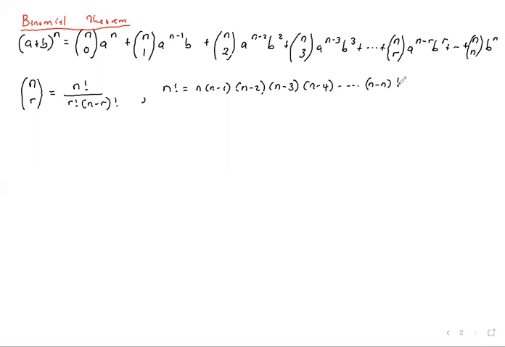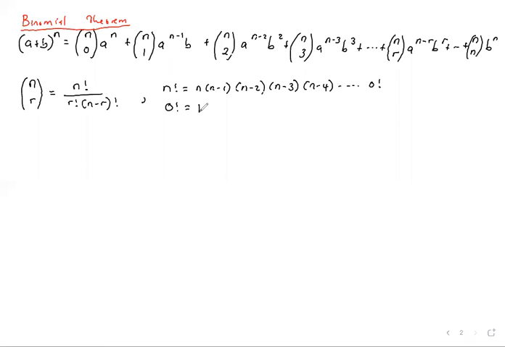Now you understand that n minus n will just be 0, so the last number should be 0 factorial. Now, if 0 factorial is allowed to be anything else, it can make this whole thing useless, if not funny. So we'll have to define it as 1 so that our expansion makes sense.